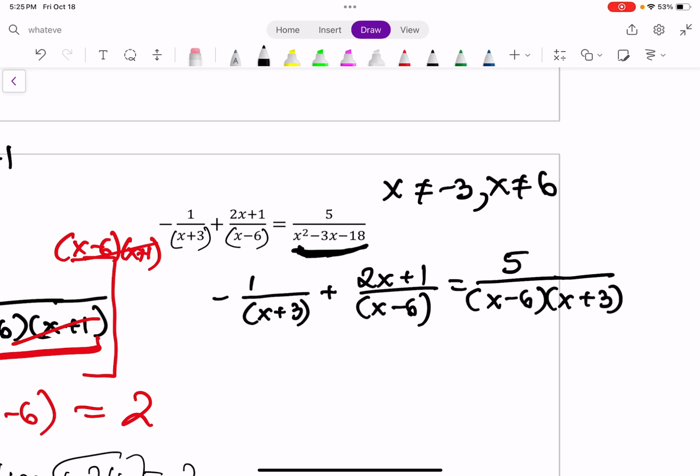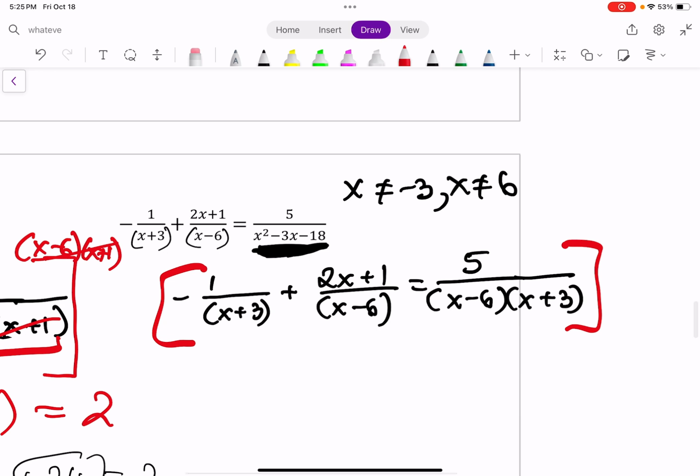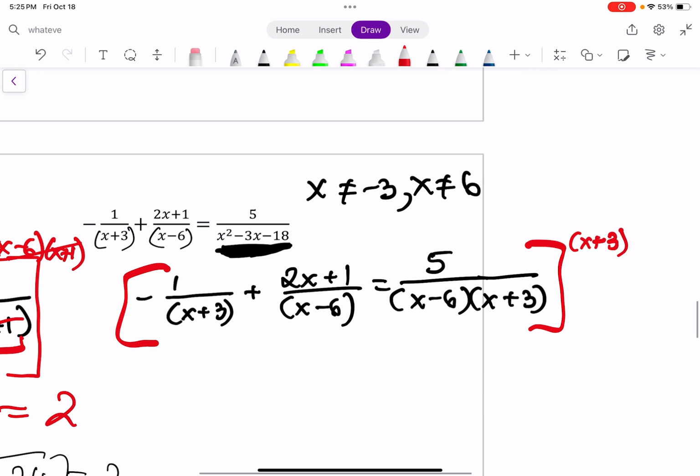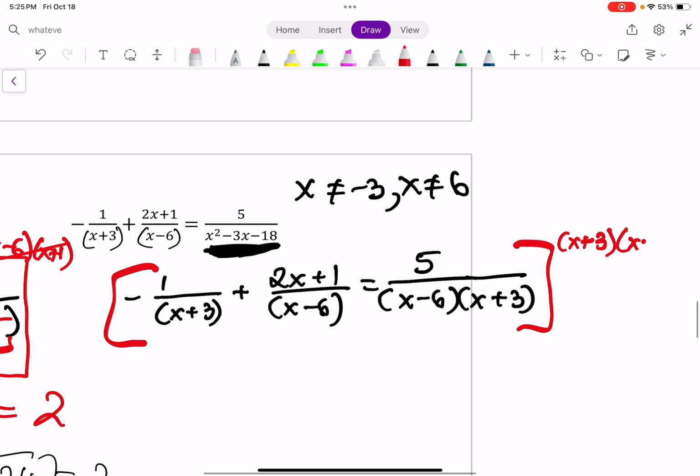So again, this trinomial here factors exactly into your x minus 6 and your x plus 3, and that's exactly your LCD, these two factors. And that's going to come up every time, at least for the kinds of problems that I'm giving you. Of course, it doesn't have to be. It could be extremely complicated, but that's not what I'm going to give you.